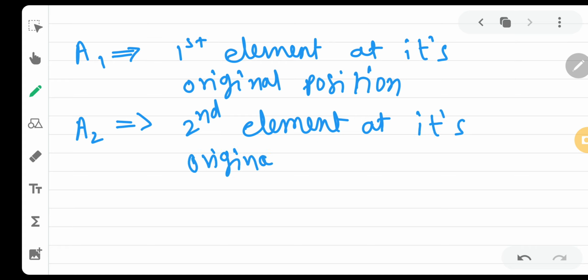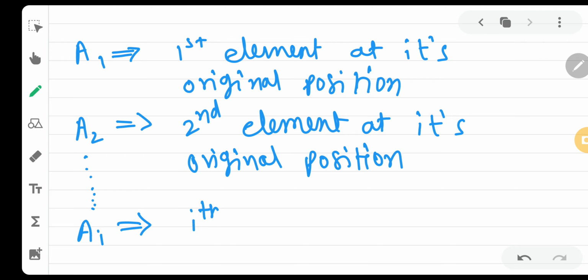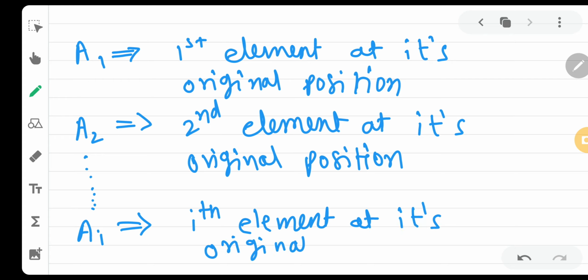Similarly, I can write down A3. A3 means third element at its original position, and so on, right? So I can call this, in generalization, Ai. Ai means ith element is at its original position. Now this will be very useful to us.